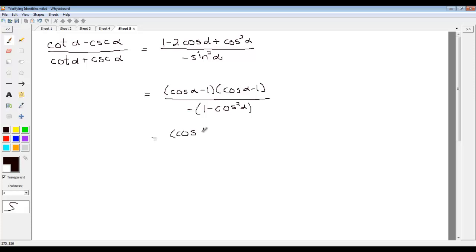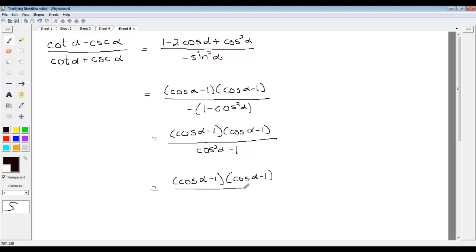So the bottom, I've got cosine squared alpha minus 1, which will factor, because that's a difference of squares. That factoring stuff that you do in intermediate algebra and college algebra comes back here a lot. That difference of squares will factor into cosine alpha plus 1, cosine alpha minus 1.